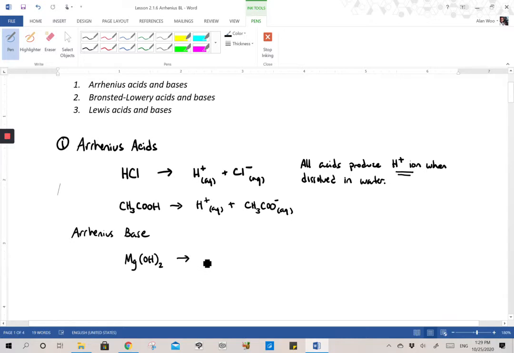And when we add water to dissolve it, it produces Mg2+ ions, and it produces hydroxide ions. So according to Arrhenius, virtually all Arrhenius bases produce hydroxide ions when dissolved in water.